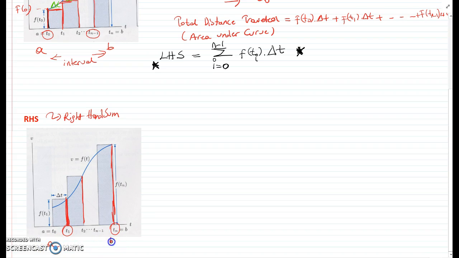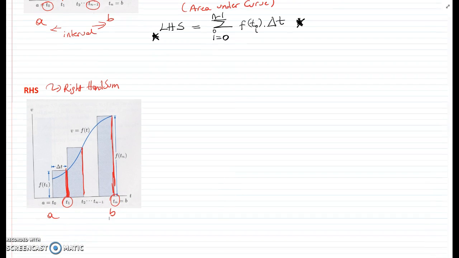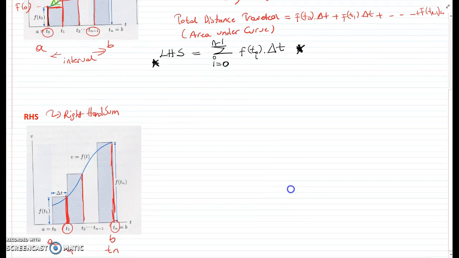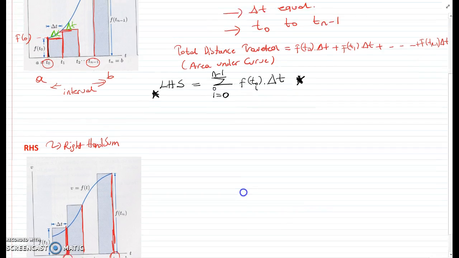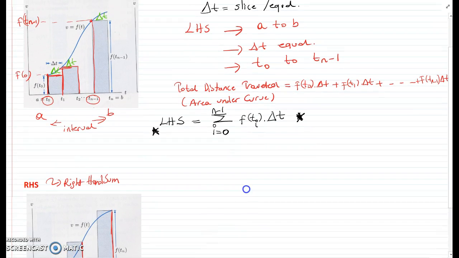Again the interval is from a to b, but this time from t1 to t n. So how is it going to affect our sum?